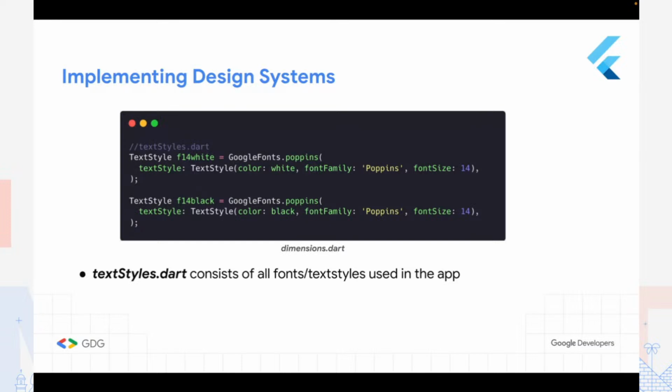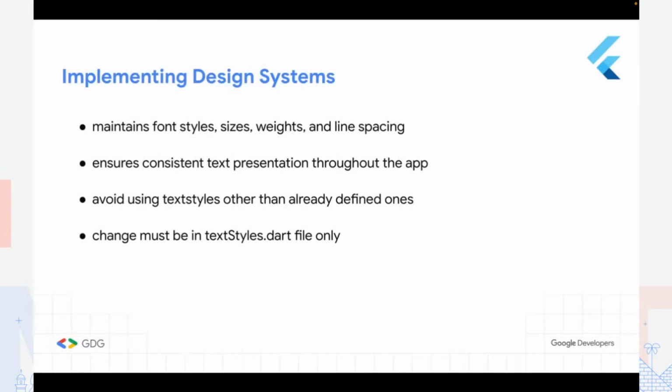So yeah, this is how textiles.dart is going to look, basically consisting of text style constants. Font styles and then sizes, the font weights, and you can even add line spacing there in the text style.